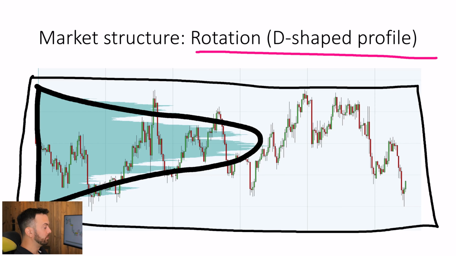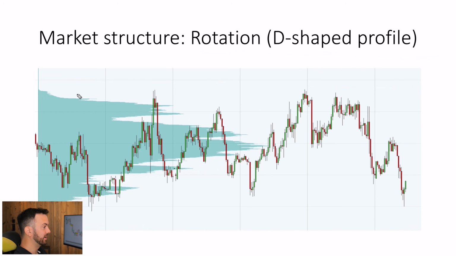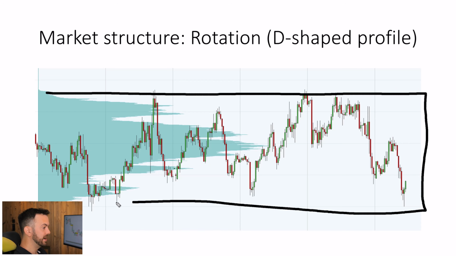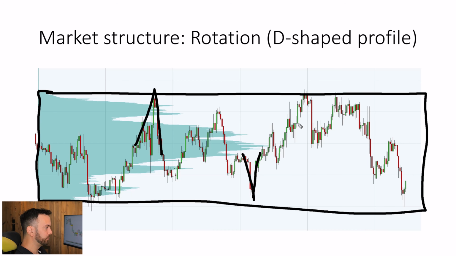Obviously, you don't need volume profile. You can just look at the chart like this, and if it's rotating, you can tell just by naked eye. But the point is, if the market is rotating, then the chance of those strong rejections working as support or resistance zones is way higher.